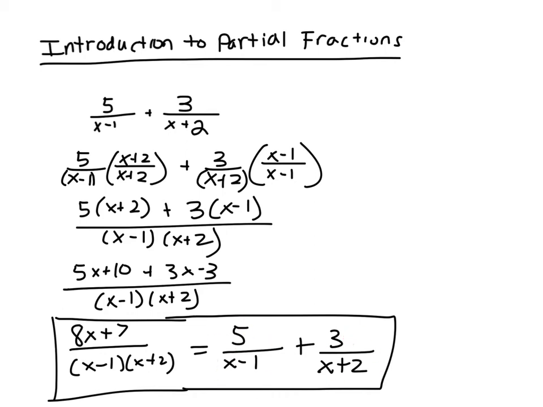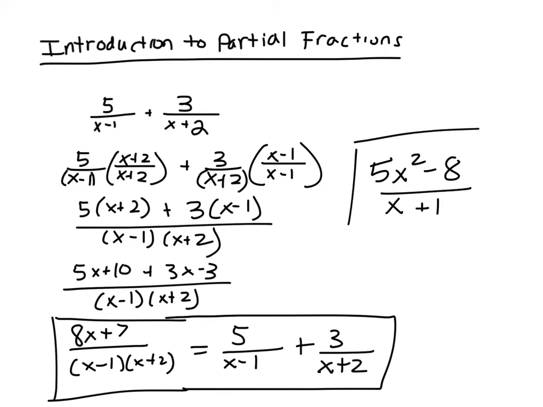Okay. One thing I just want to point out, I'm using this term proper fraction. So what does it mean to be an improper fraction? Something like 5x squared minus 8 over x plus 1. This is an improper fraction, and it's improper because the degree of the polynomial on the top is more than the degree of the polynomial on the bottom.